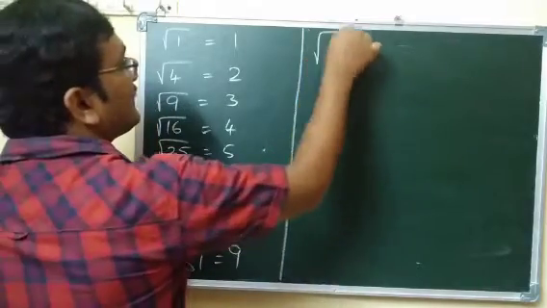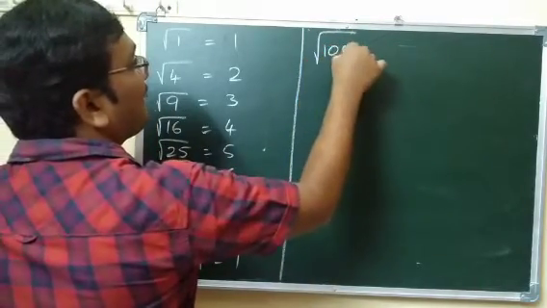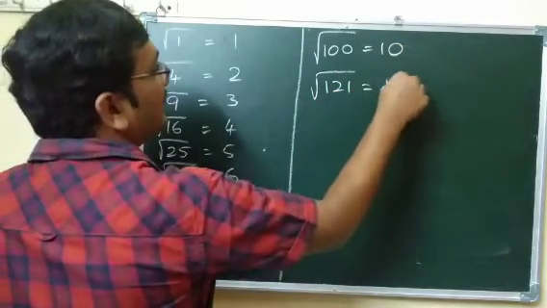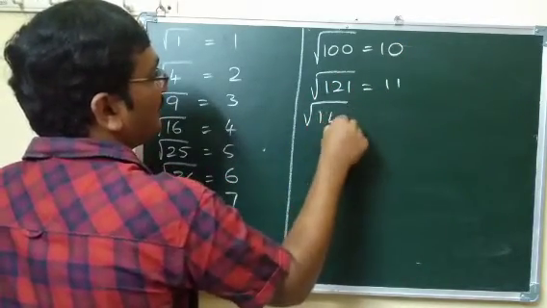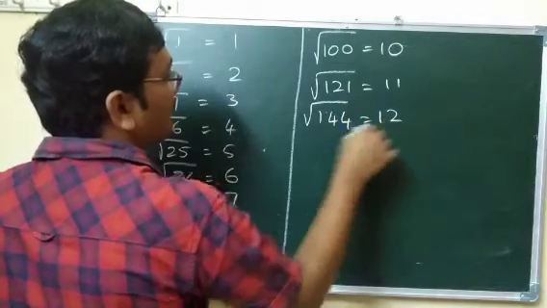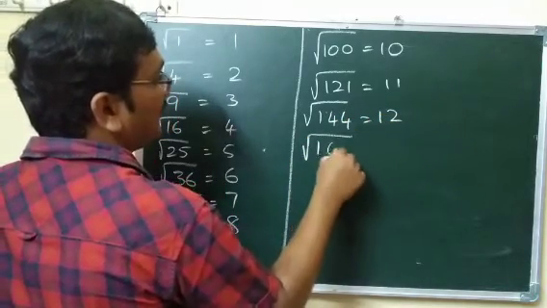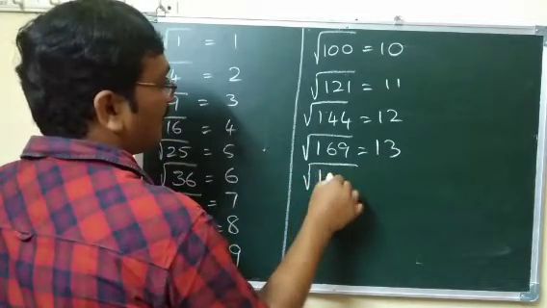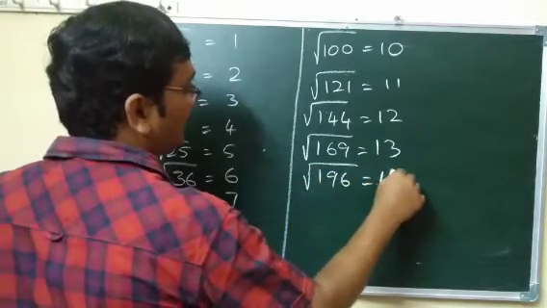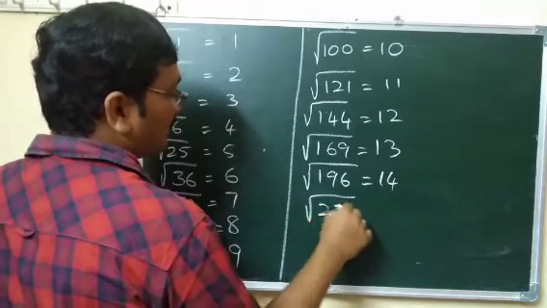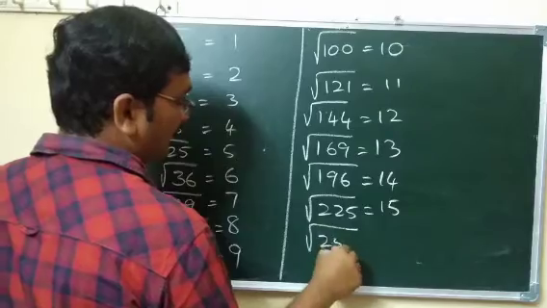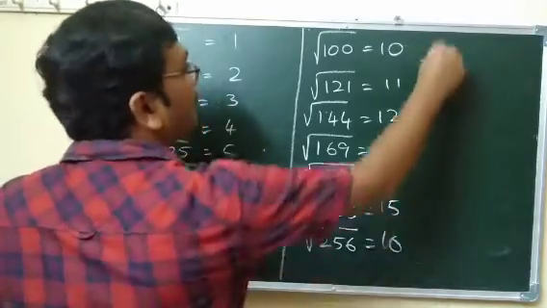Next one, root 100 is 10. Root 121 is 11. Root 144 is 12. Root 169 is 13. Root 196 is 14. Root 225 is 15. Root 256 is 16.